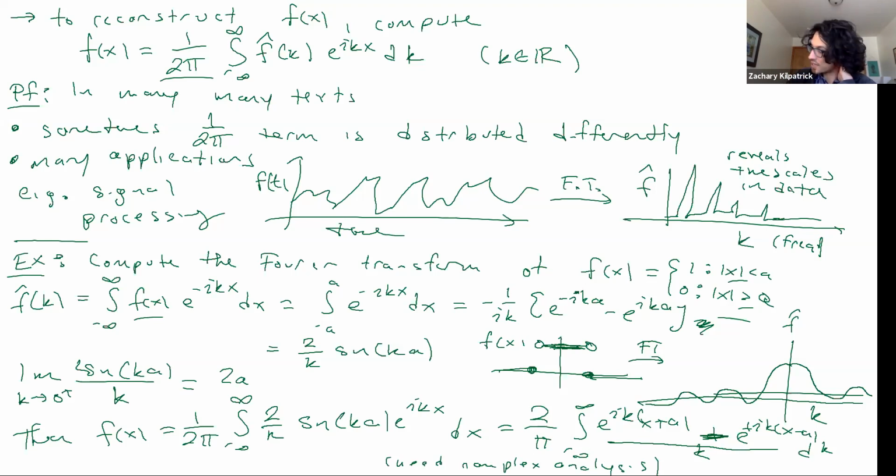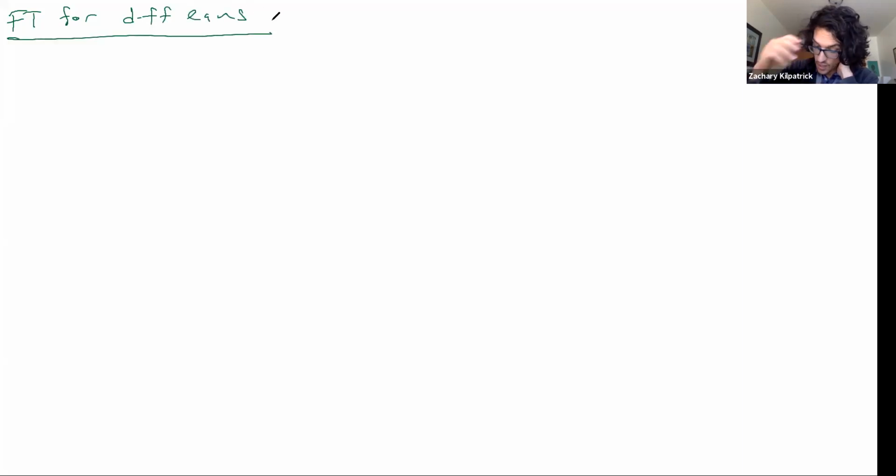Now let me get to a more concrete example where we're doing this for differential equations. Let's say that we want to use Fourier transforms for differential equations. What do we want to do? Essentially, we want to do a number of things.